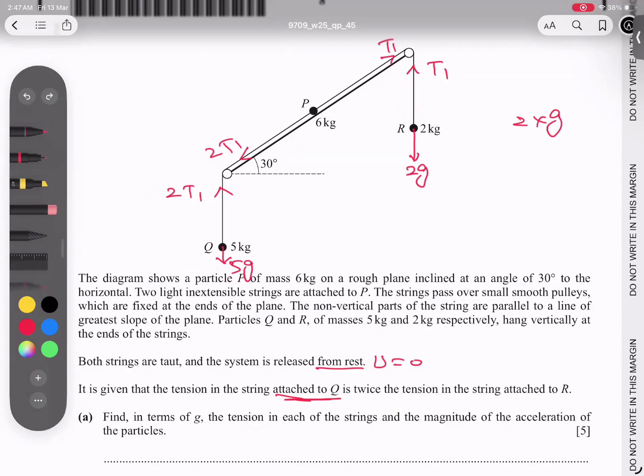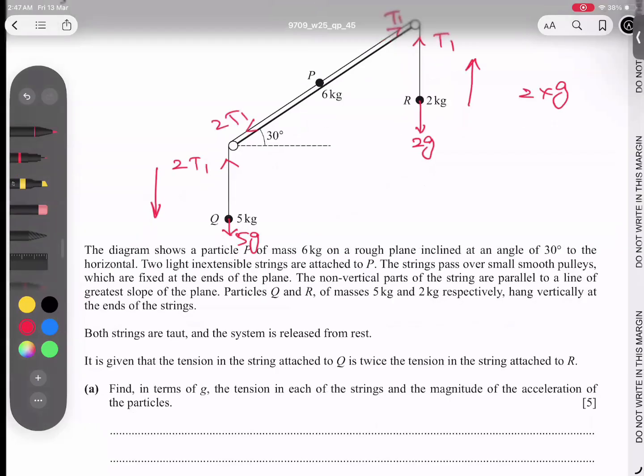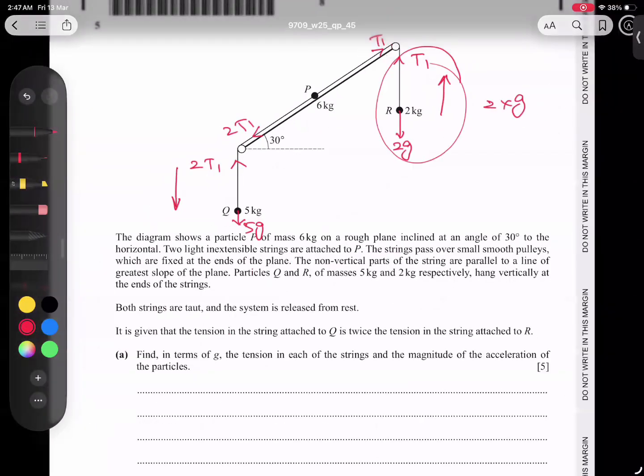So how can we start it? First of all, because this is the heavy particle and this is the lighter particle, common sense says it will fall down and the other will go up. So I'm starting from this particle. Let's try to make a formula here.